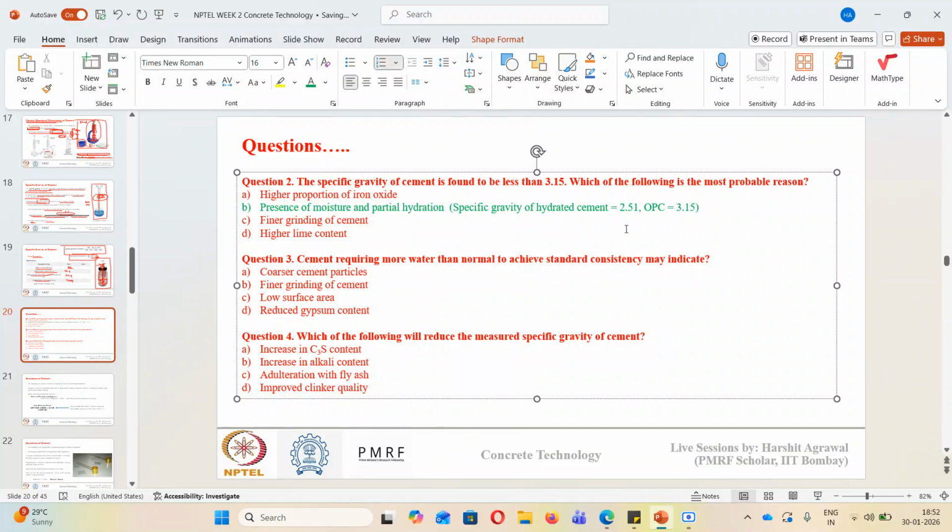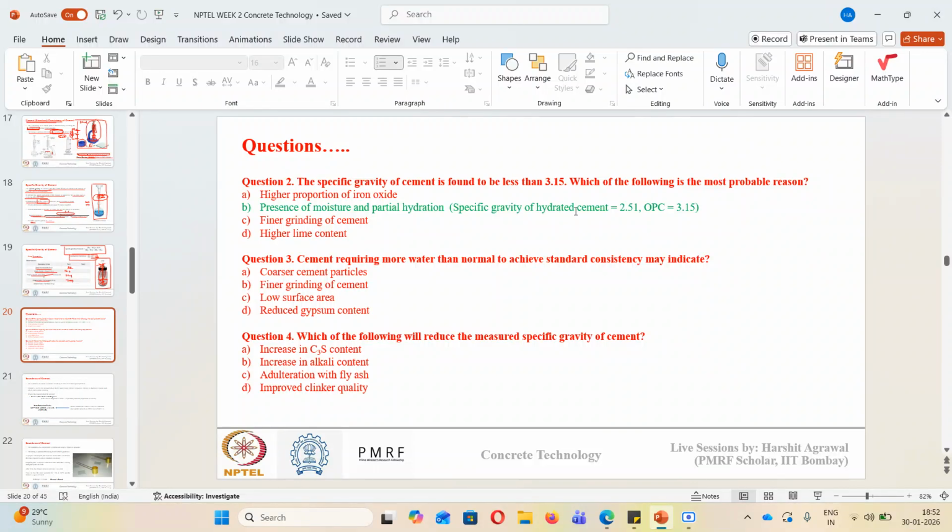So if there is some moisture or partial hydration in the cement, we know that specific gravity of that part will reduce.